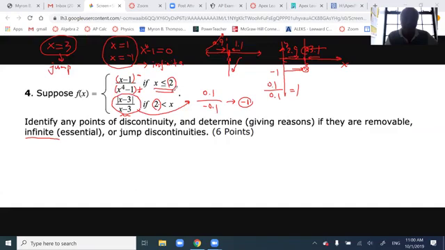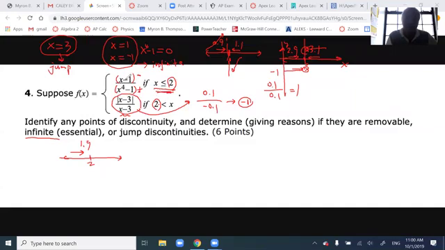So this is 2. If the x value approaches 2 from the left side, for example 1.9, that belongs to the interval less than or equal to 2.